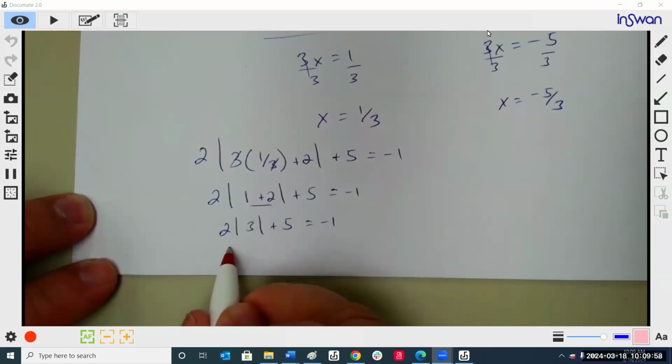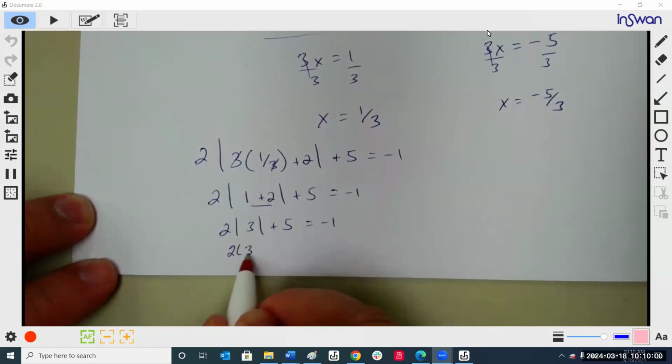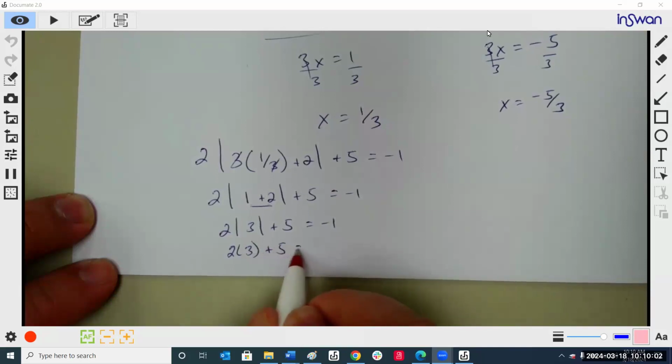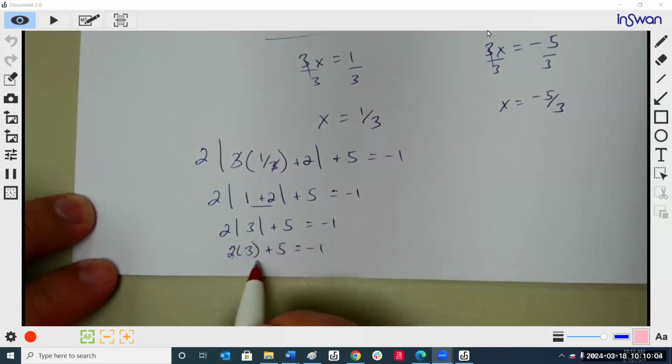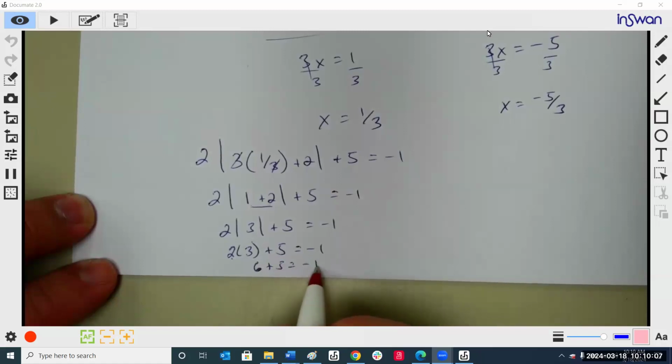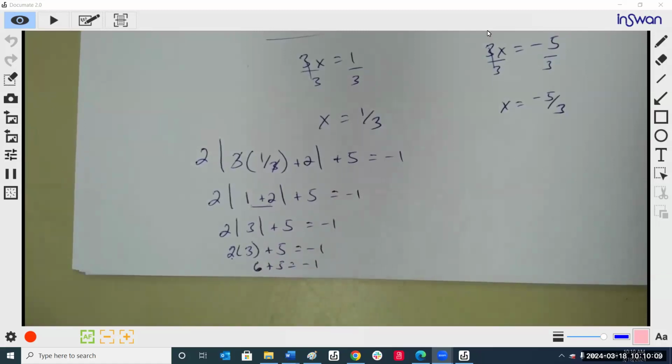The absolute value of 3 is 3. Two times 3 is 6, plus 5 is not equal to -1.